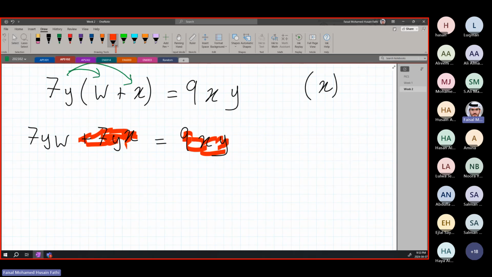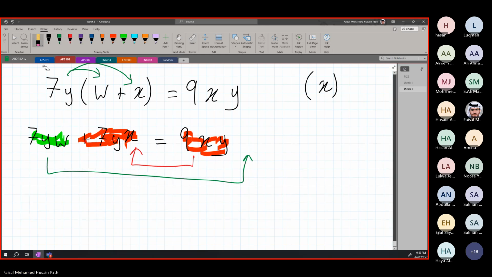This has x and this has x. And anything without the x, you will take to the other side. Fair? We will take this here, and we will take the x's to the left-hand side. So we'll have 7yx. This is plus over here. It will become minus 9xy is equal to 7yw.